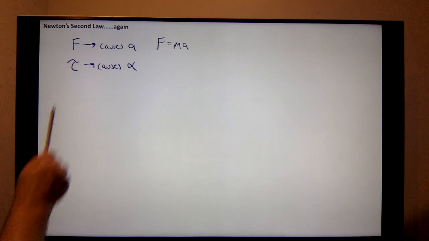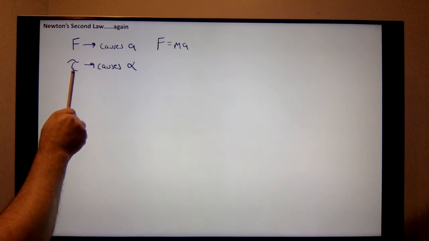So we previously learned that force causes acceleration. We learned that as F equals ma. That's Newton's second law that we learned before. But also we now know that torque must do something, and I bet it causes angular acceleration. Notice these things line up.